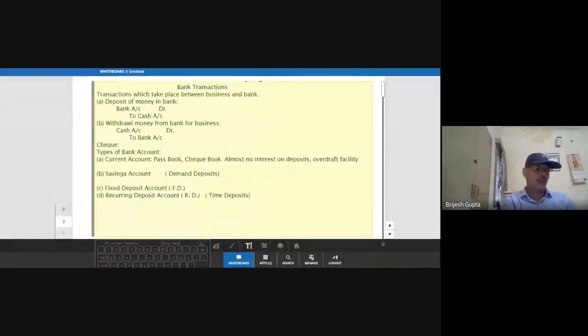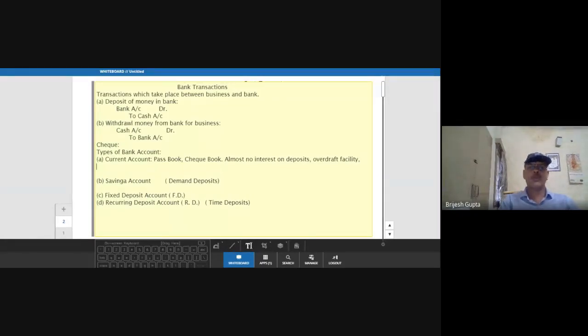And the bank provides almost no interest on the money lying in your current account. On the contrary, the bank takes some charges for looking after your money and providing you many facilities on this account, which are called bank charges.